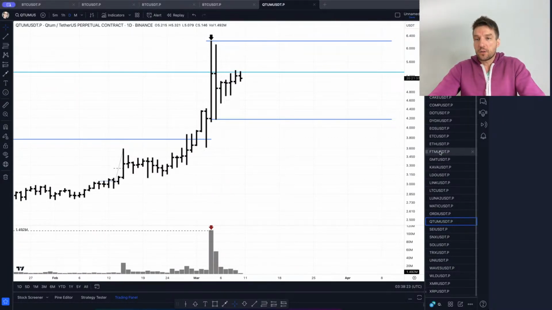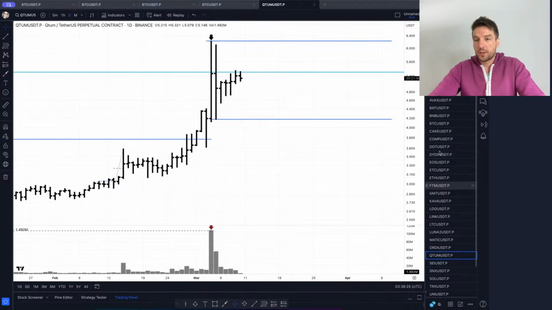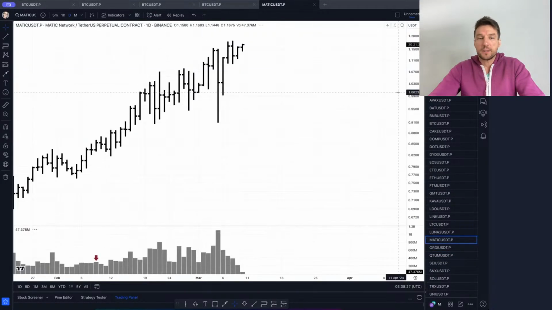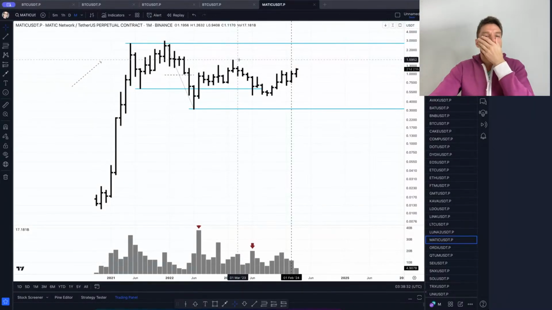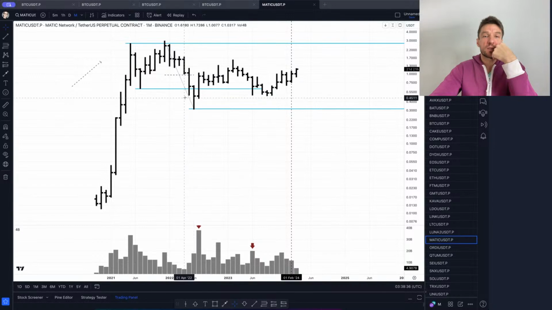Let's take a look at our good old friend Matic. Officially, that was a first sign of trend reversal. However, with this volume, it didn't look like a correction at all. It looked like an accident.